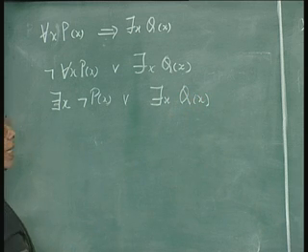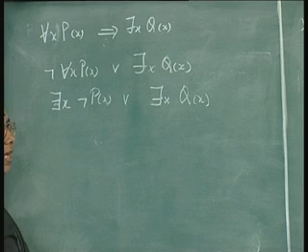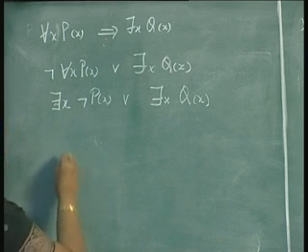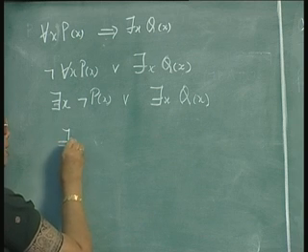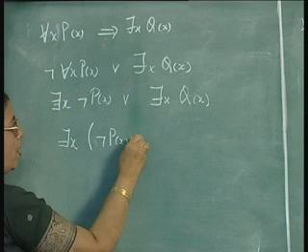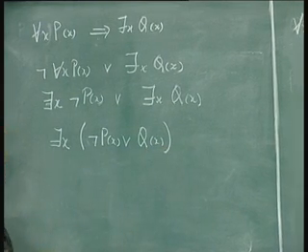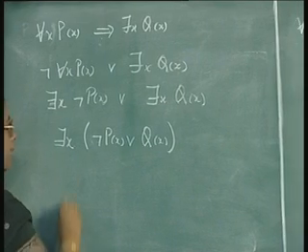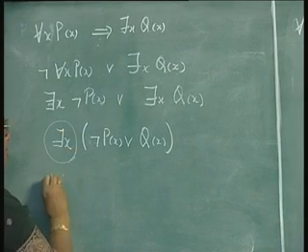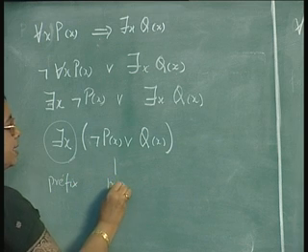We know that for all distributes over and, and there exists distributes over or. So, we can use the distributive law in reverse and take the there exists out. So, you can take out there exists x and write it as not of p of x or q of x. This is in Prenex normal form. This is the prefix and this is the matrix.